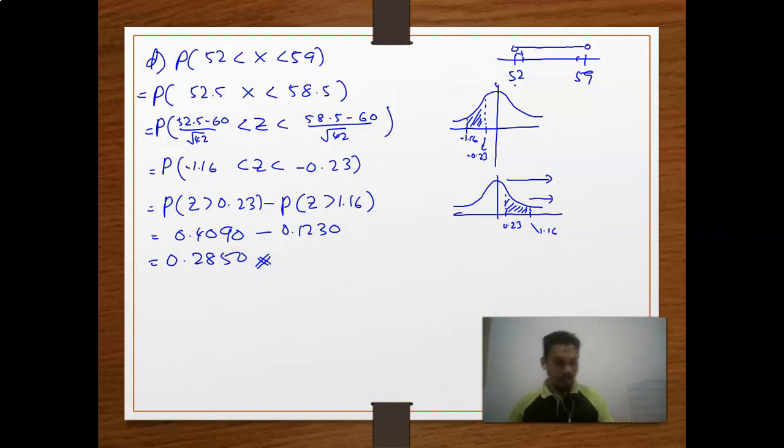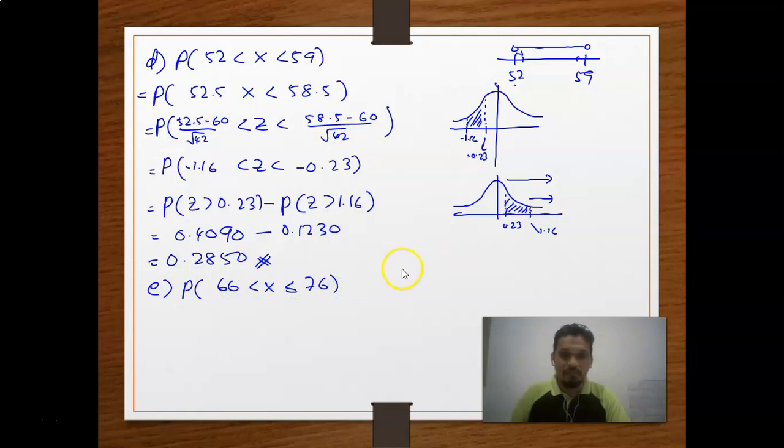Okay, and next one, E. Probability of X greater than 66 and less than or equal to 76. So this does not include 66, so we take a step of 0.5 forward to the right, and this one includes 76, so we take 0.5 step to the right.